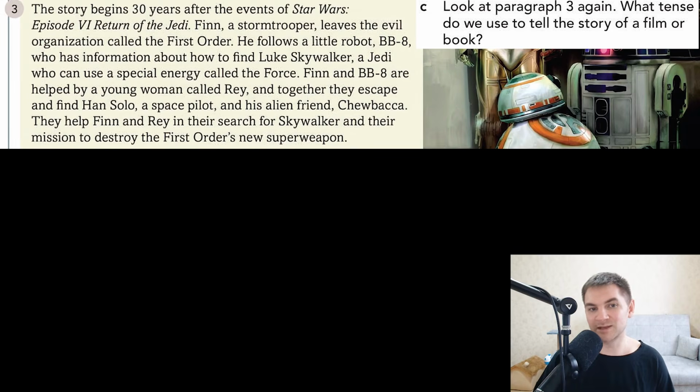book or play, even if the story happened in the past. Why is it so? Because when we talk about a story, we treat it as something that is always true inside that fictional world. Every time someone watches a film or reads a book, the events happen in the same way. For example, in The Shawshank Redemption, Andy is wrongly sent to prison.